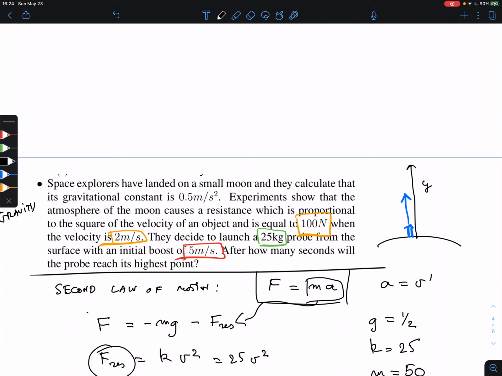Especially in the metric system, it's very common to do these little changes. So instead of writing 25,000 grams, I write 25 kilograms. But as long as everything is in the same unit, either kilograms or grams or whatever your unit of measure is, make sure that it always matches.